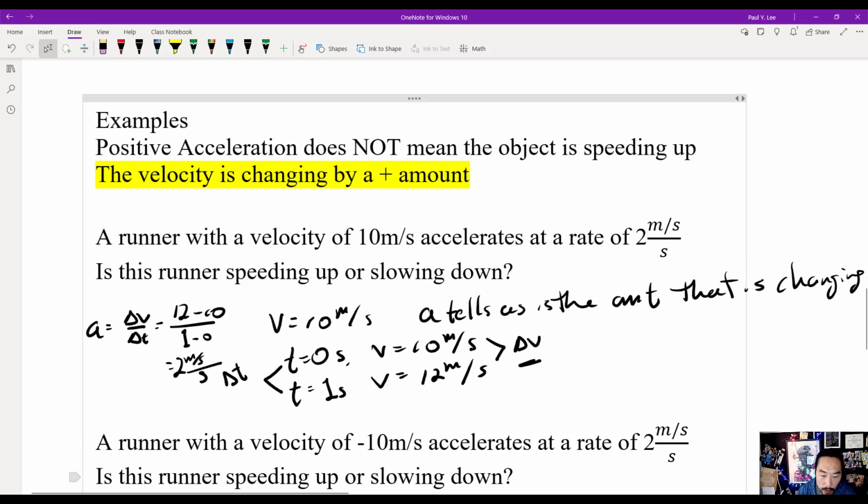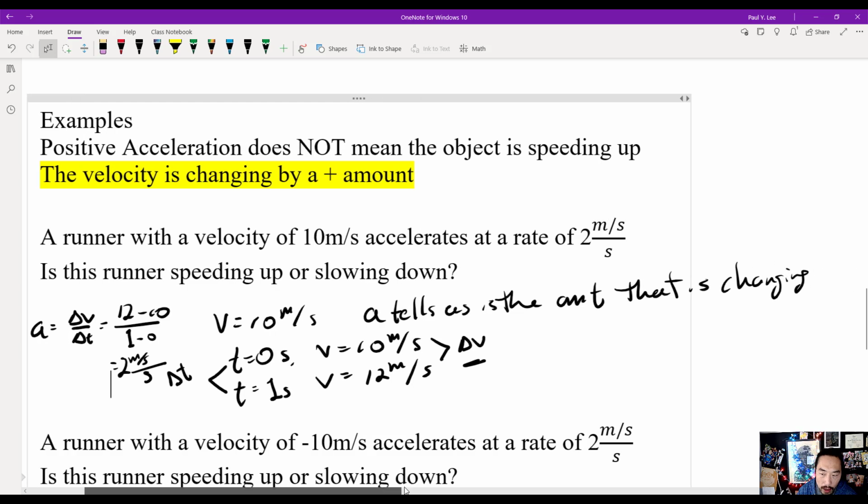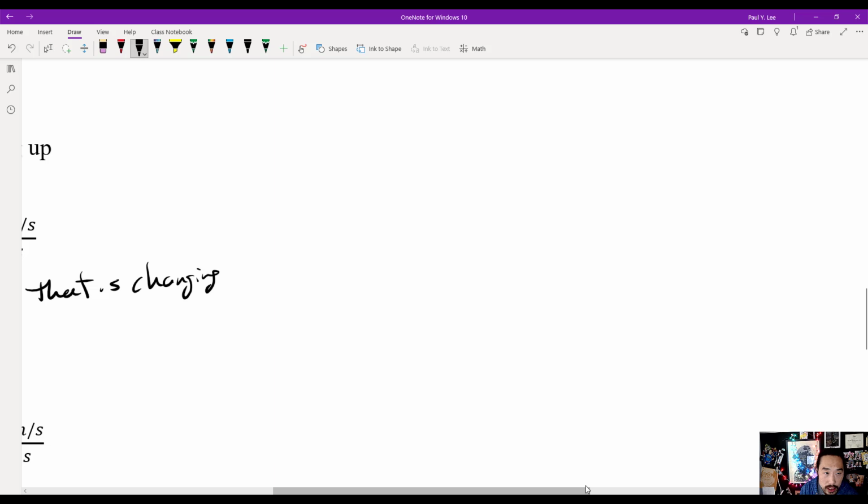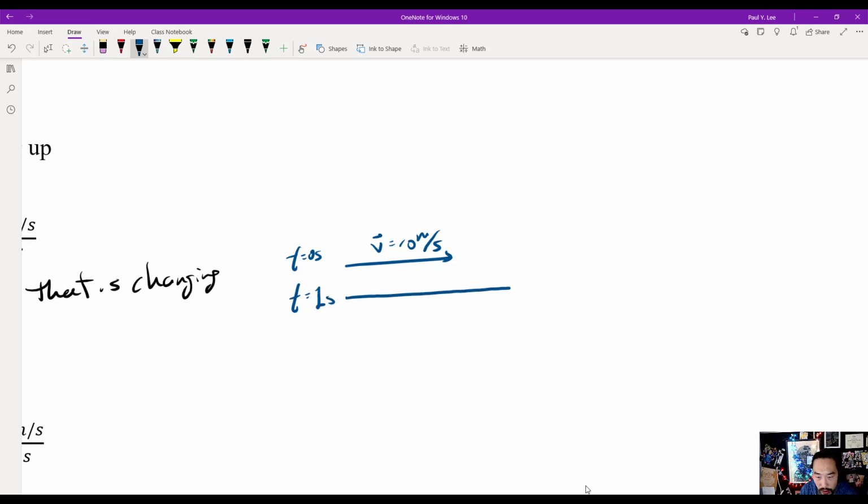Now, when it comes to vector notation, I'm going to do this off on the side. We can see this by drawing velocity vectors. So let's say at a time of 0 seconds, this velocity vector is 10 meters per second. And let's say at a time of 1 second, we're going to increase that velocity vector right here.